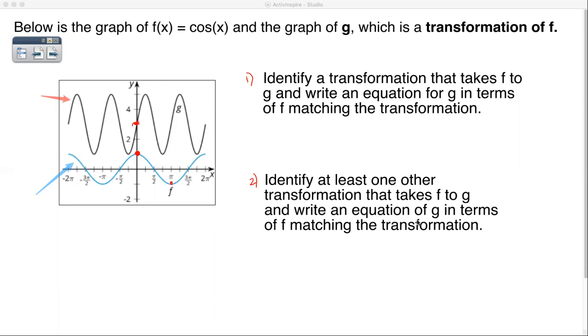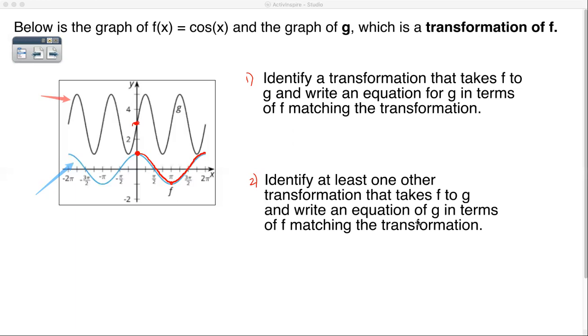I also notice that there is a stretch horizontally, because when I look at my function f, I can tell, again, this is my cosine graph, the period is 2 pi. One cycle finishes in 2 pi. But if I look at my g function, it's happening in a lot less than 2 pi. It's happening in pi. So I can tell that my period in g is actually pi.